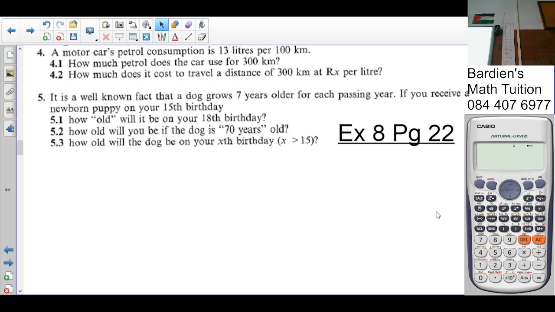So 1 human year is basically 7 dog years, no? So if you had a dog when you were born and you are 5 years old, the dog in dog years would be simply 35 years.